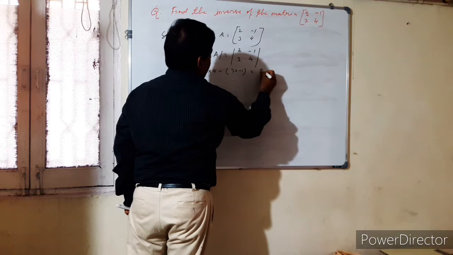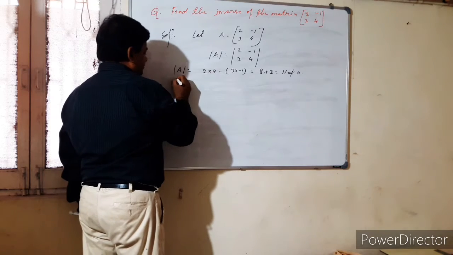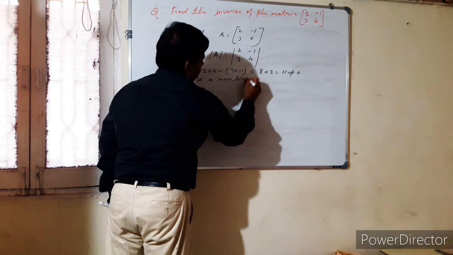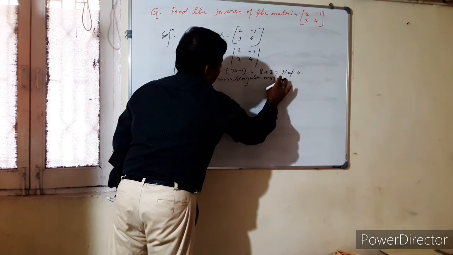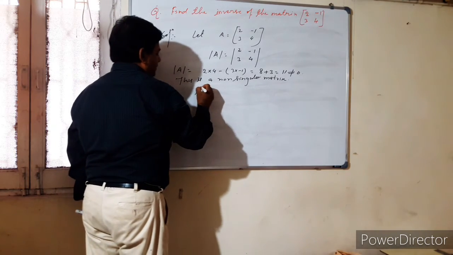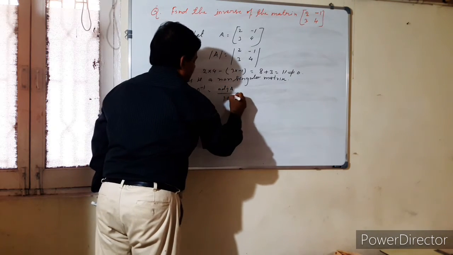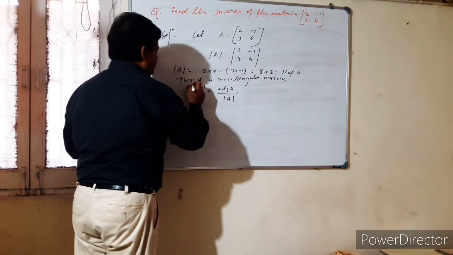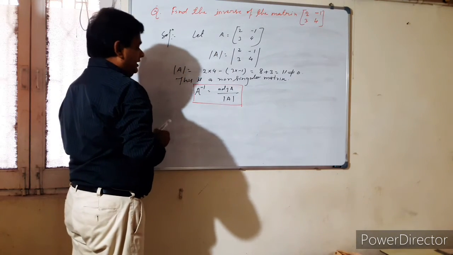So this is equal to 8 plus 3 equal to 11, which is not equal to 0. So this is a non-singular matrix. Then you can use A inverse equal to adjoint A divided by determinant A. This formula you have to use. If non-singular, then use the formula to find the inverse of matrix A.